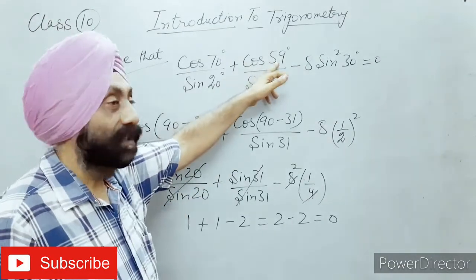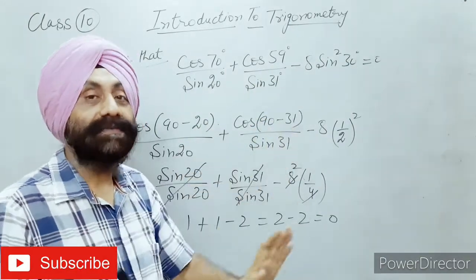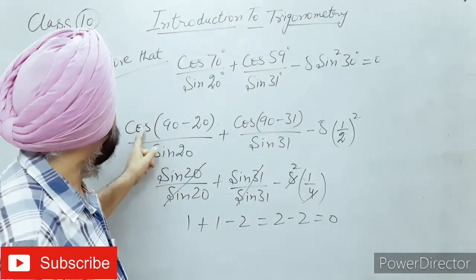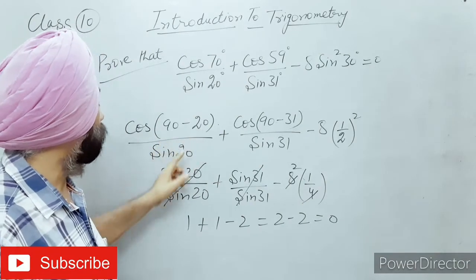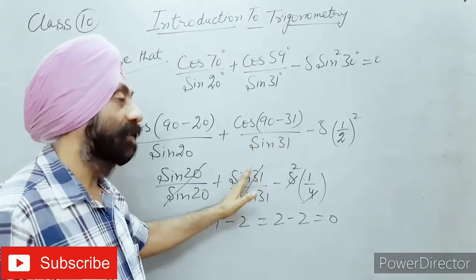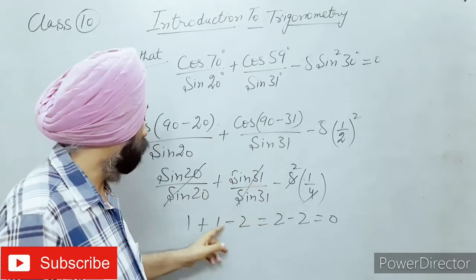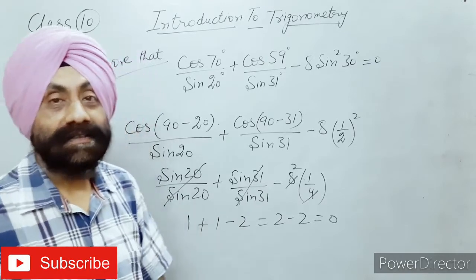I can change this numeric value 59 as 90 minus 31, it's 59. Cos of 90 minus theta is sin theta. I get 1 plus 1 minus of 2, that is 2 minus 2, the answer is 0.